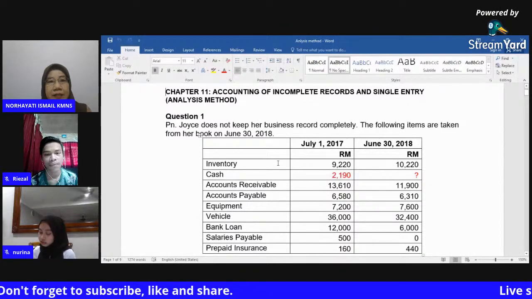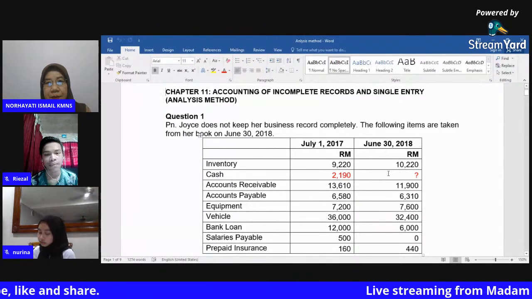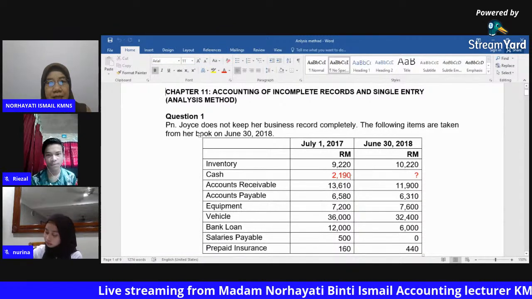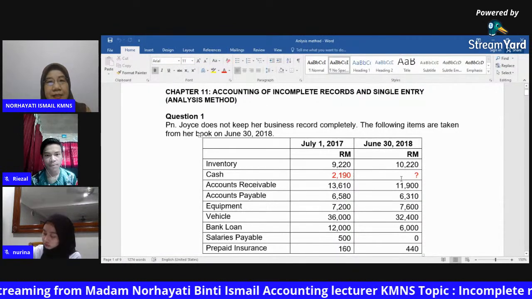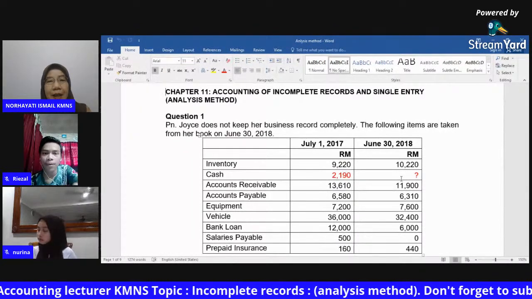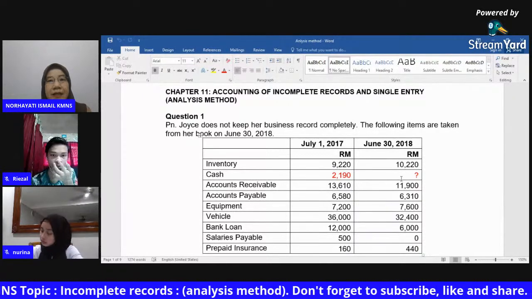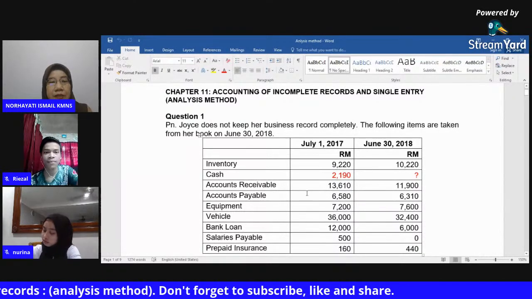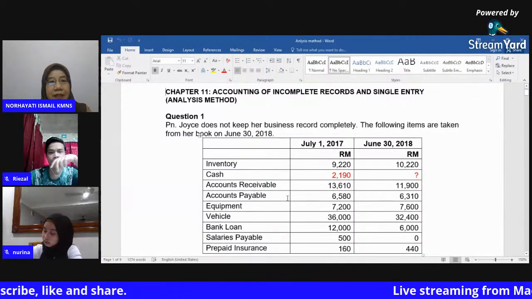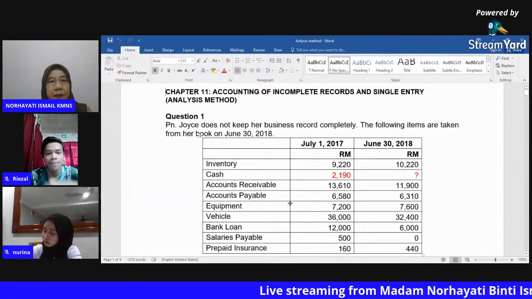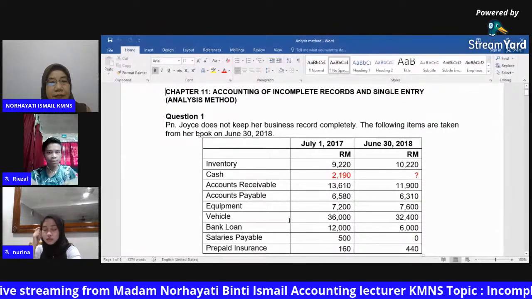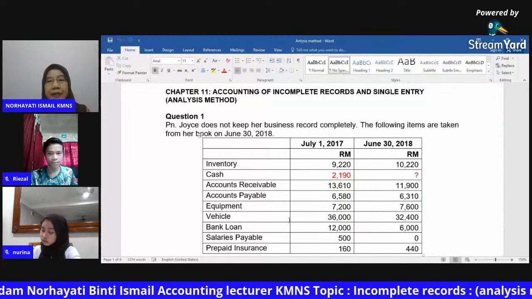Cash, you can see the cash is the missing figure here, so you have to calculate. In the question, they just give you the opening balance and you have to calculate the ending balance. The formula for ending balance for cash: beginning balance plus cash receipt less cash payment. Account receivable is categorized as asset, account payable is liability, equipment is asset, vehicle is asset, bank loan is liabilities, salaries payable is liabilities, and prepaid insurance.